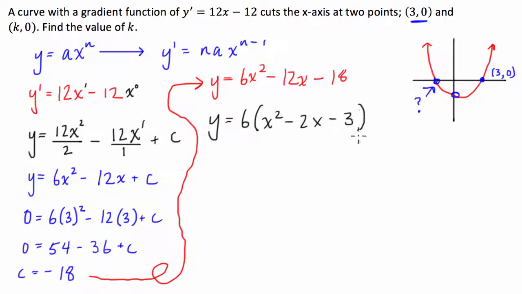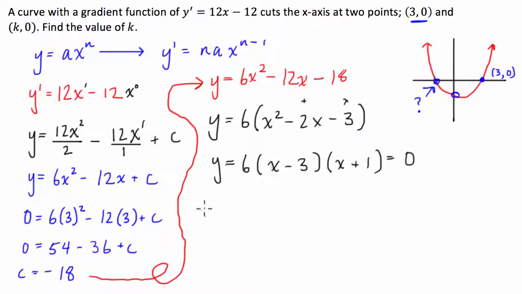And from here, we need something that adds together to give negative 2, multiplies together to give negative 3, and I think we've got that one in the bag as well. So it's going to be x take 3, x plus 1. Cool.